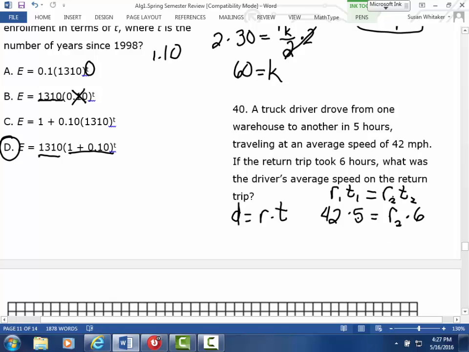So 42 times 5 is 210. So 6R equals 210. So we would divide by the 6. And let's see, that goes in 3 times with 3 left over, so 35. So his rate would be 35 miles per hour.